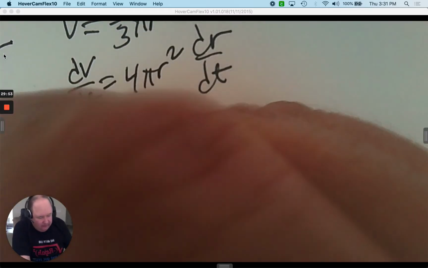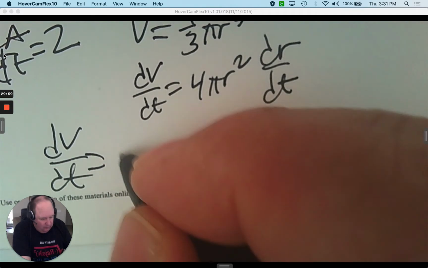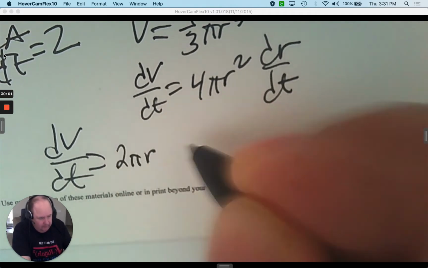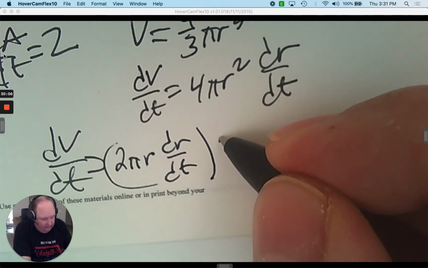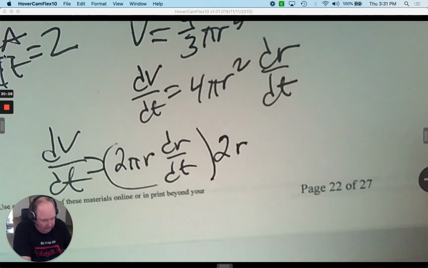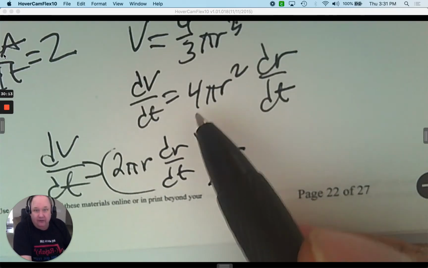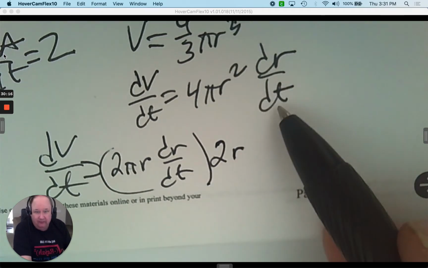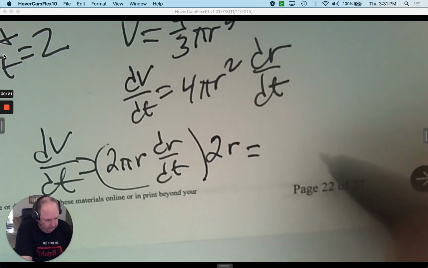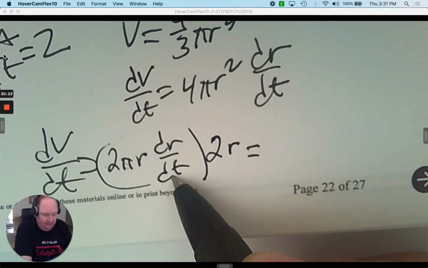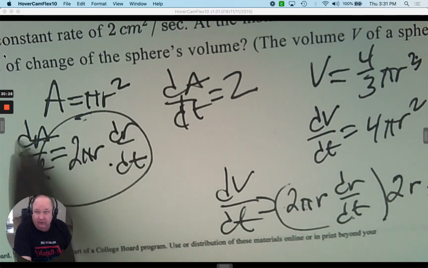So I'm going to rewrite this as 2 pi r dr/dt, and then I still have 2r at the end of that. If I multiply these together, I get 4 pi r squared dr/dt. But why did I do that? Because I can now substitute that out. So 2 pi r dr/dt is what? dA/dt. So I'm just going to plug that in.